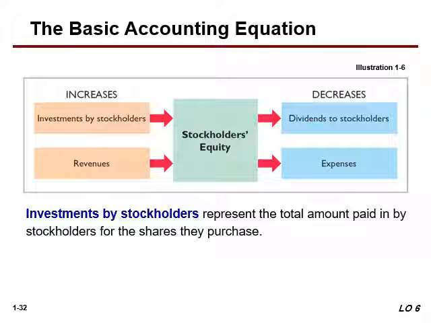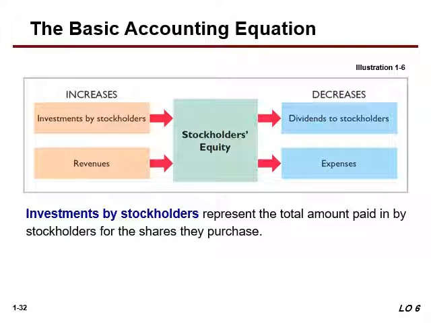More explanation about what we already introduced in our lecture. We have 4 kinds of equity items: 2 items increase equity and 2 items decrease equity. Which items increase equity? Investment by stockholders and revenue. Which items decrease stockholders' equity?